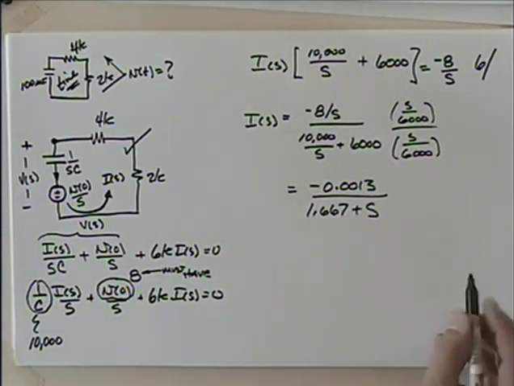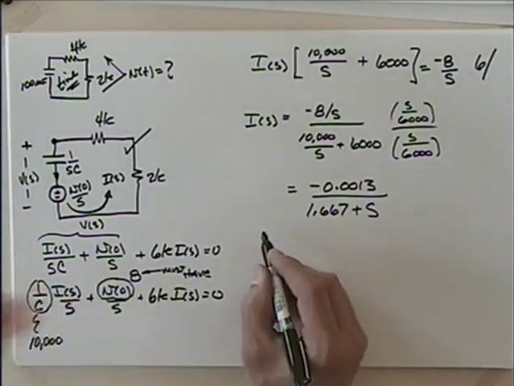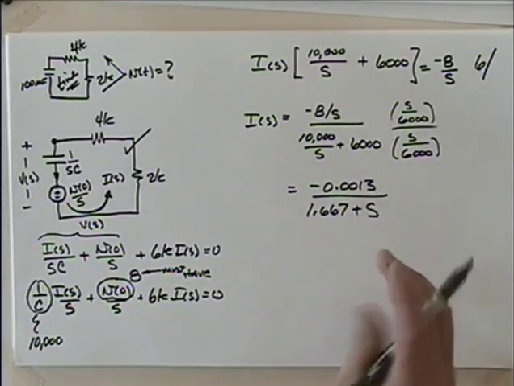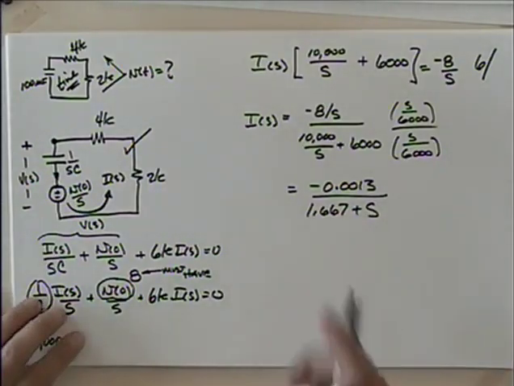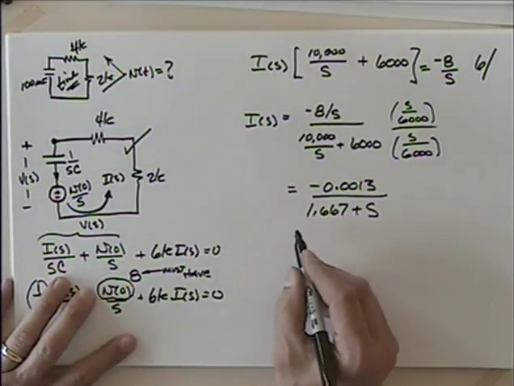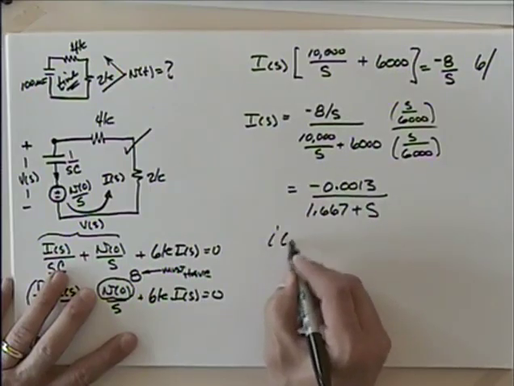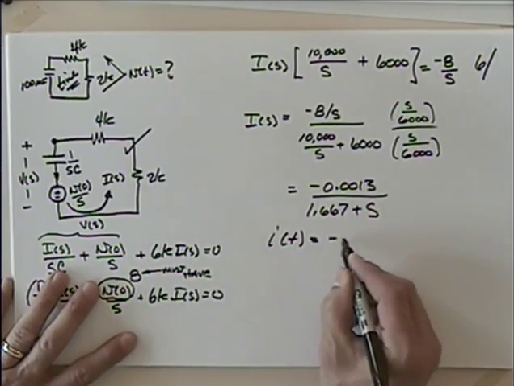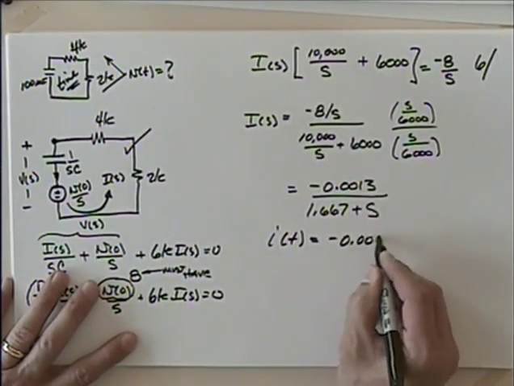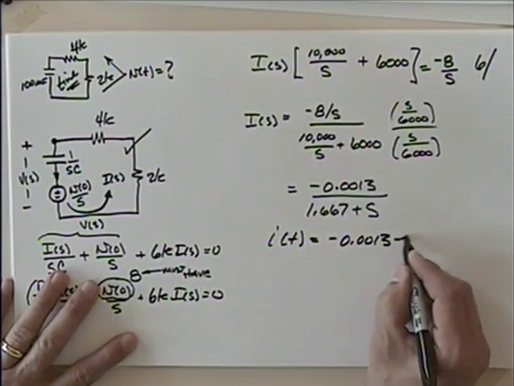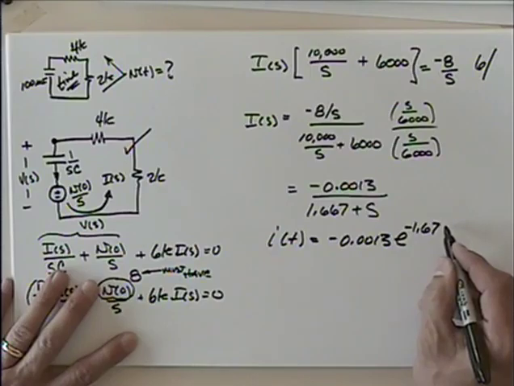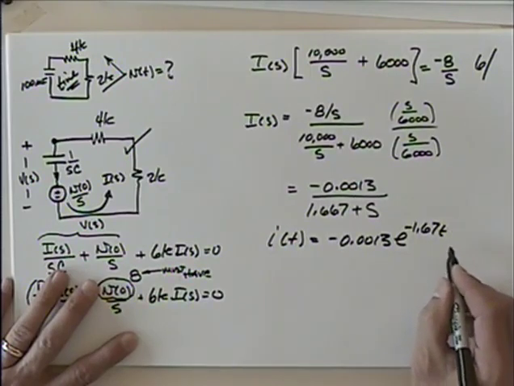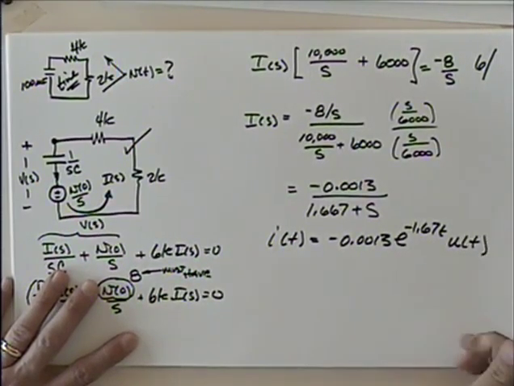Okay, so we go through this. Time to do the inverse Laplace transform now. We've taken pretty easy functions, haven't had to do the partial fractions. That will be coming. We'll work some more difficult ones in here soon. So in the time domain, we have minus 0.0013 e to the minus 1.67 t, and then u of t.